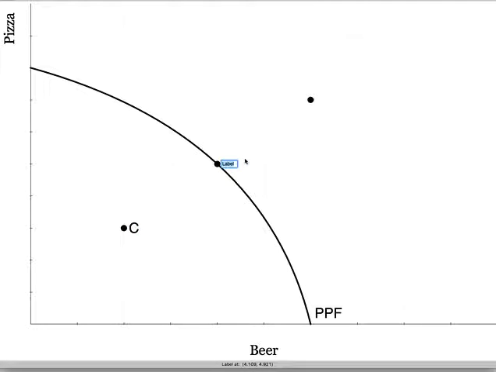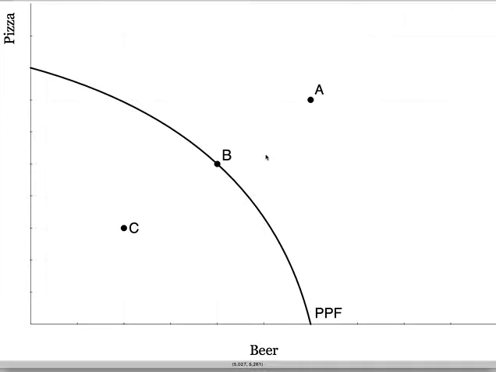B represents a combination of outputs for beer and pizza that is possible and efficient. And A is representing a production combination that is impossible to attain at the present time.